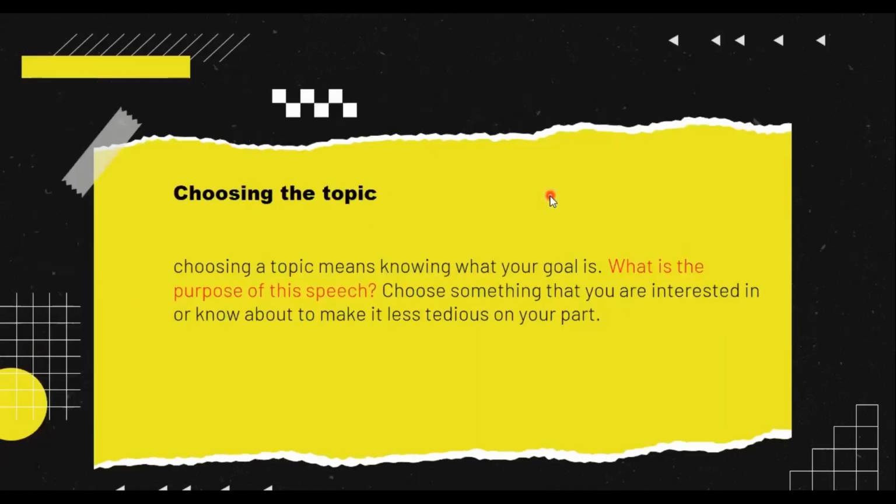Okay, next. Okay, first, choosing the topic on your speech. So choosing a topic means knowing what your goal is. Okay, what is the purpose of this speech? Okay, in choosing a topic, this is also connected to your interests. Okay, choose something that you are interested in or know about to make it less tedious on your part.